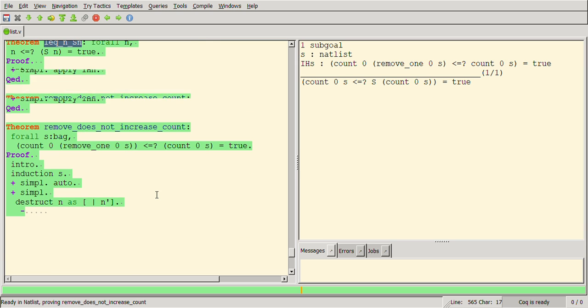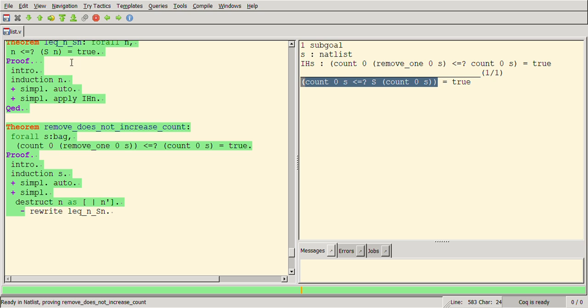Let me rewrite it. So I would just use rewrite less than equality and Sn, and we should get true for this expression here. Yes, we get true, and we can close this with auto.